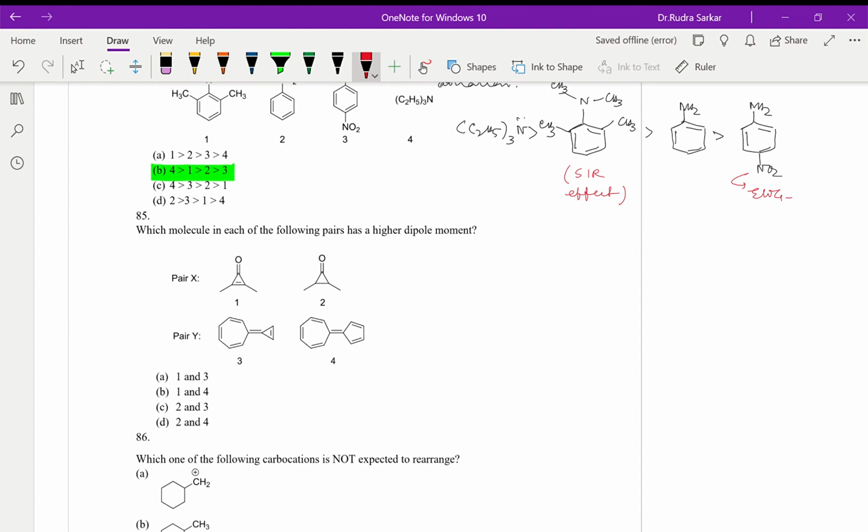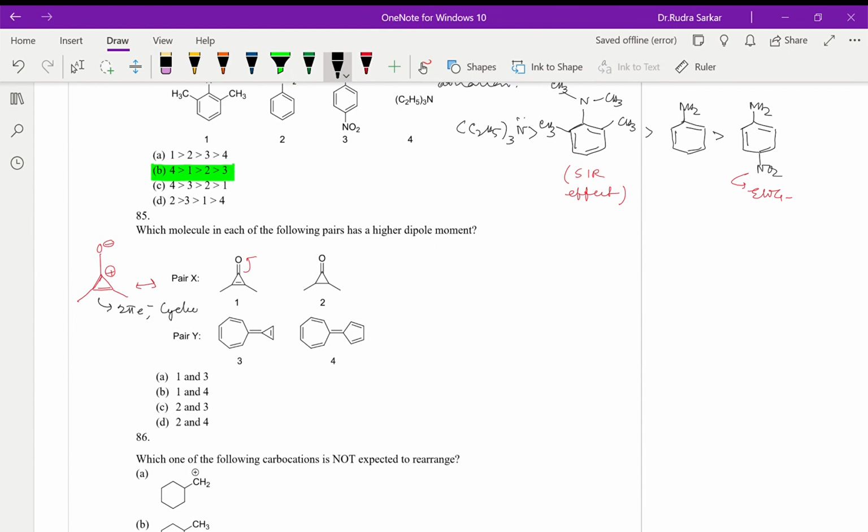Now that way, if you think that this can exist like this, okay, then we are getting negative charge permanently on the oxygen, positive charge over here, and this is basically, we will say, a 2 pi electron system.